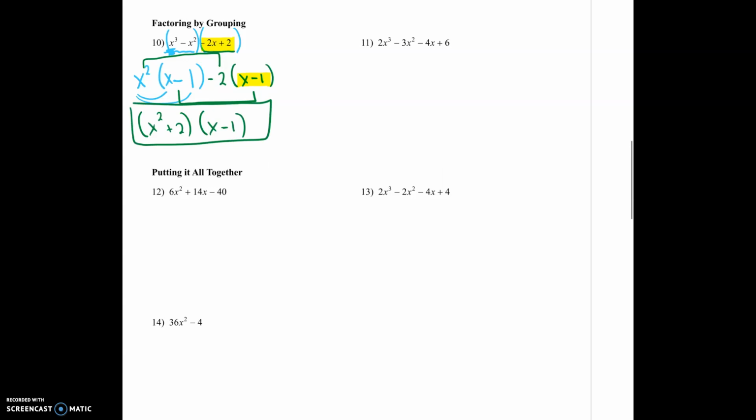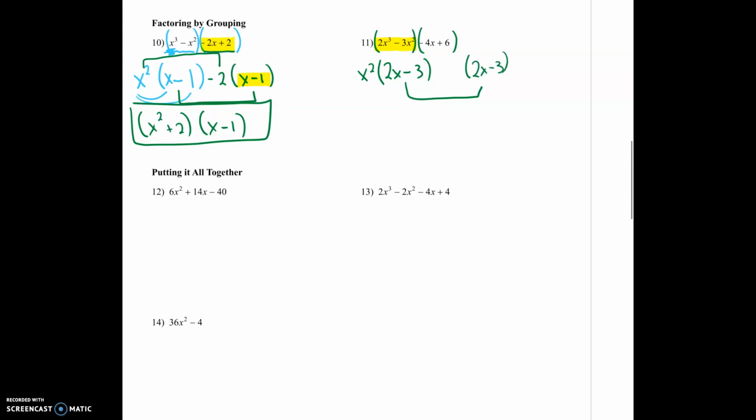So for the next one, again, 4 terms, I group the first two and the last two, and I'm looking for my GCF in the first set of parentheses, and that's going to be an x squared. And so when I factor out an x squared, I'm left with 2x and then subtracting 3. And when I GCF the second set, I'm getting another 2x minus 3.